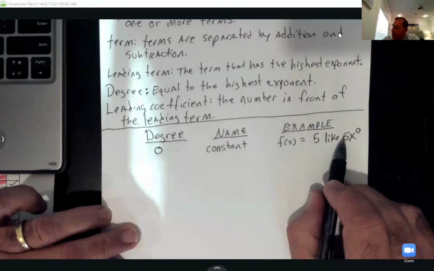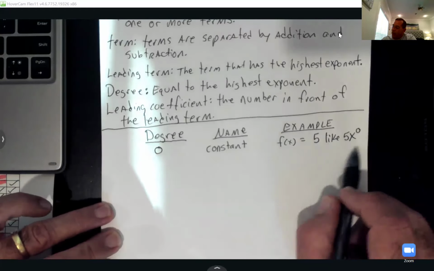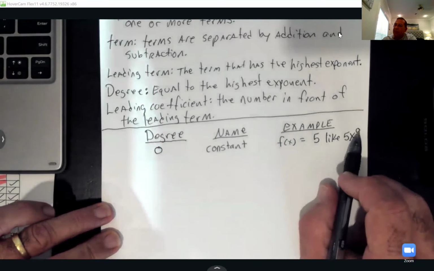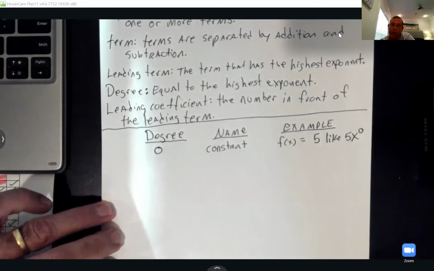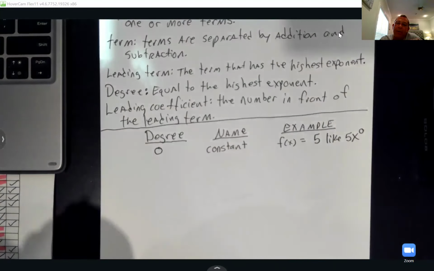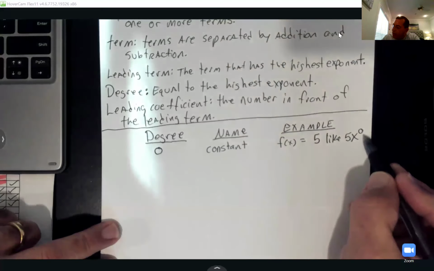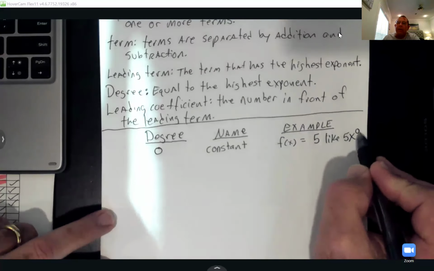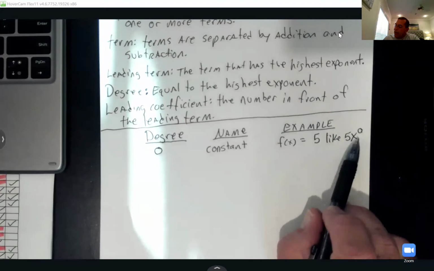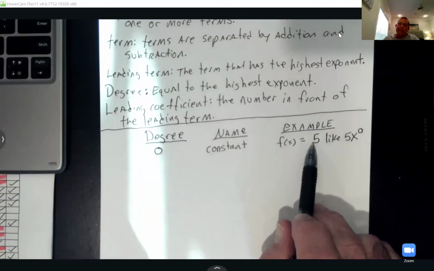So this would be like 5 times 1, which is only going to give us 5. So when a degree is 0, they won't write that variable and exponent because it equals 1 in all reality. And y'all, that's one thing you got to remember. Anything, whether it's a variable or a number that's raised to the 0 power, equals 1. And then if there's a number in front of it, 1 times that number, like I said, just gives you that number.